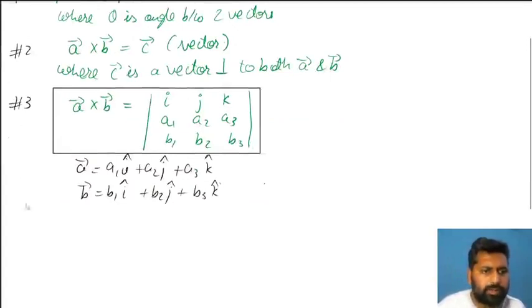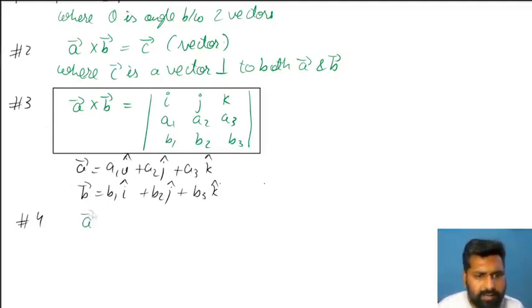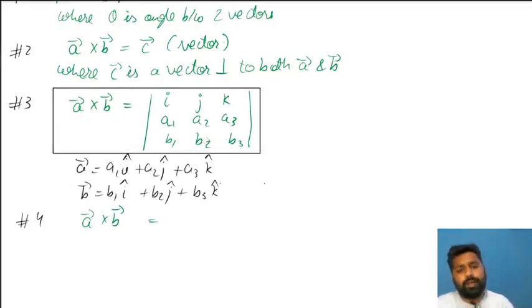Now this cross product is not commutative. Means your A cross B and B cross A both mean different things. So if you are doing A cross B, you'll write the row of the components of A vector first and then B vector. However, if you are doing B cross A, then you'll write the components of B vector first and then A vector.